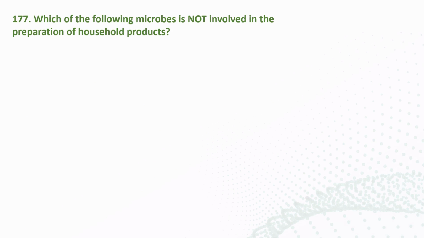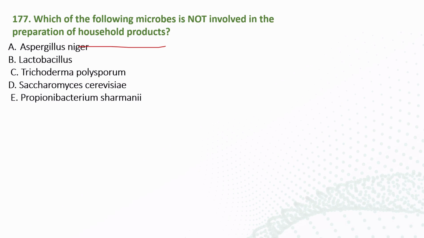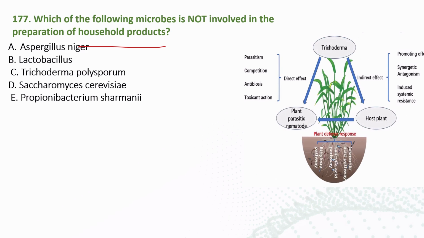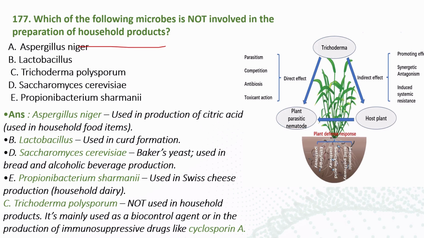microbes. Which of the following microbes is not involved in the preparation of household products, they are asking. We know that there are many types of microorganisms involved in the household, as we can see in normal daily life. The first one is Aspergillus niger. Aspergillus niger plays a main role in the production of citric acid.